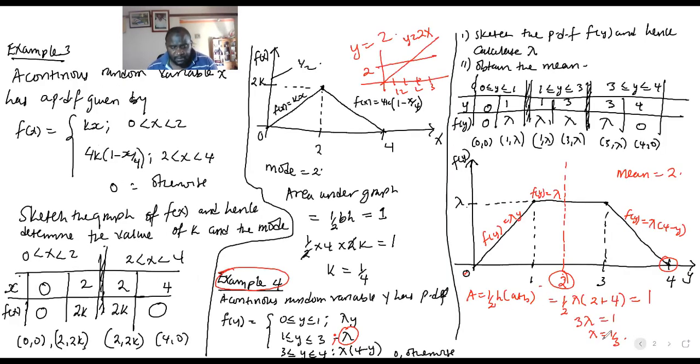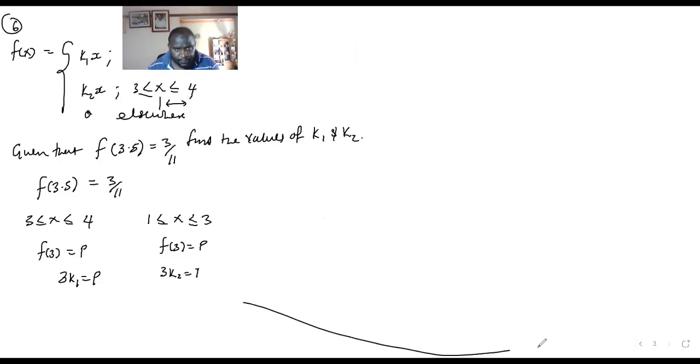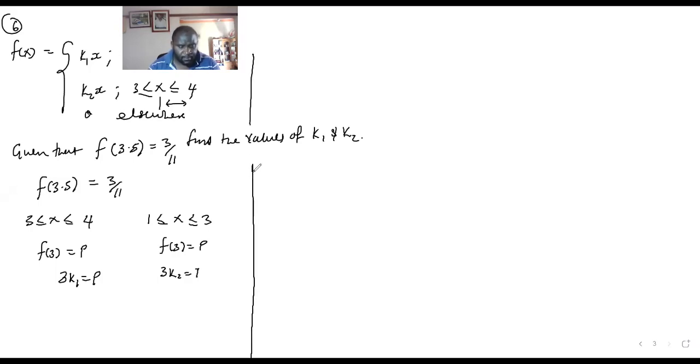I go back to these curves. When you look at these functions, when you put x is 4, you'll get 4k2. When you put x is 3, you'll get 3k2.